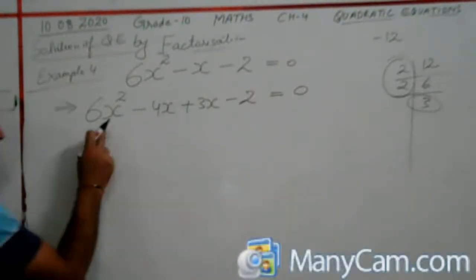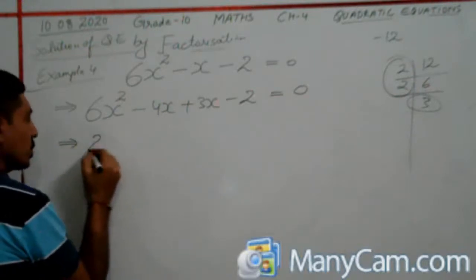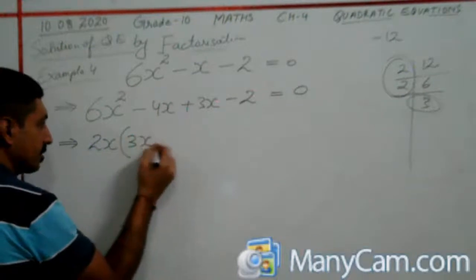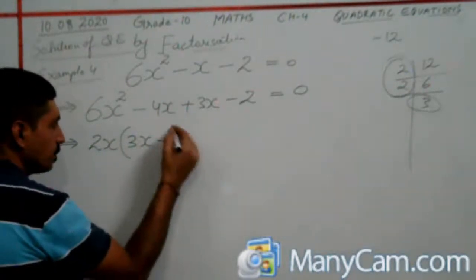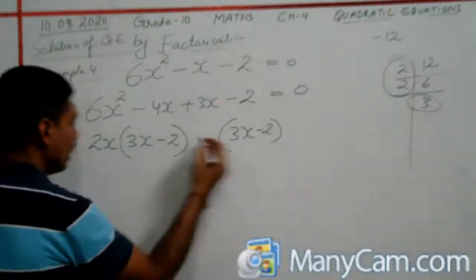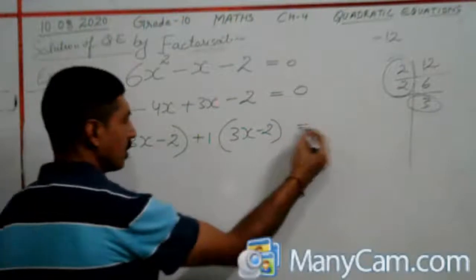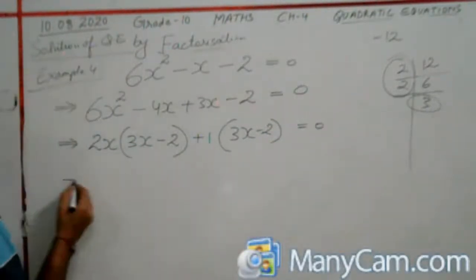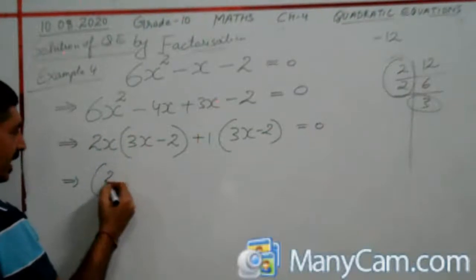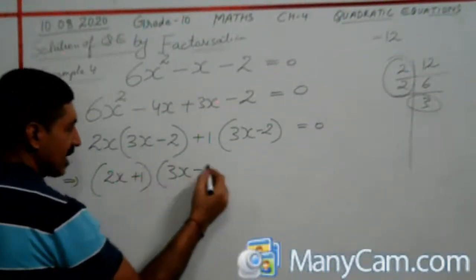So here we can take 2x common, that is 2x, then 3x minus 2. Similarly here 3x minus 2, but here we have to take plus 1. So what are the roots? To find roots, one is 2x plus 1, another is 3x minus 2.